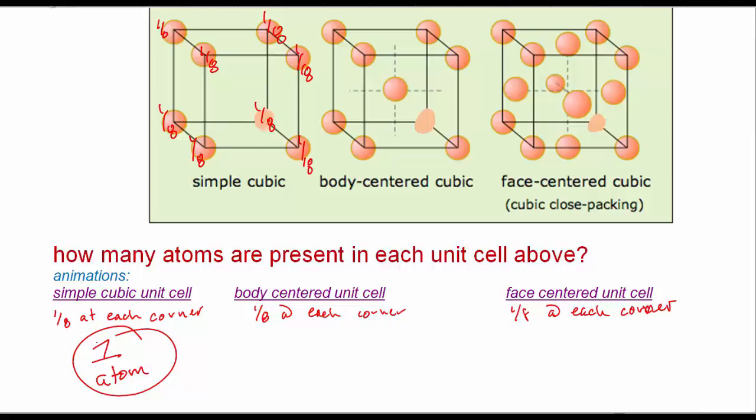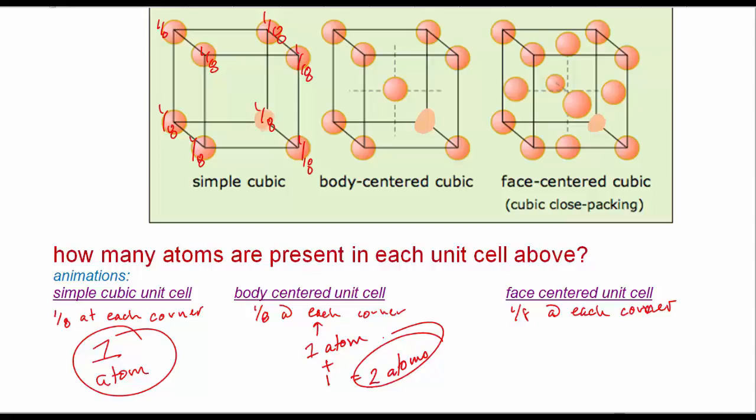So in a body-centered, we'll have one atom from the corners, but then you have one in the center, so 2 atoms for body-centered.